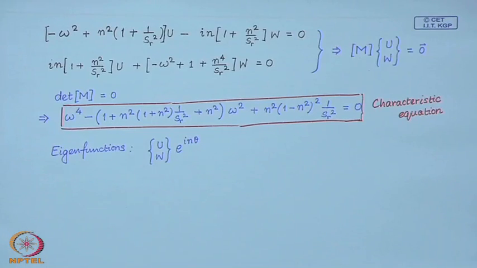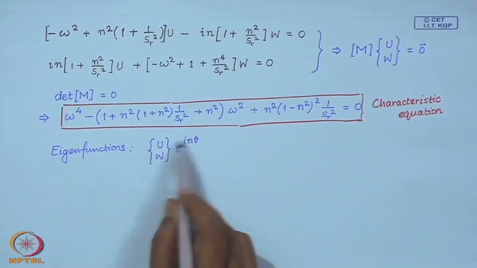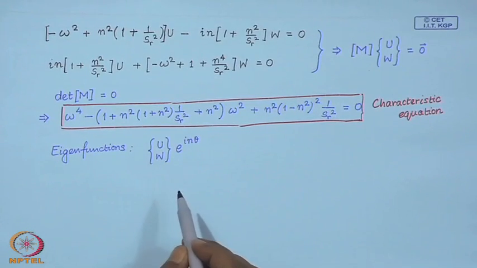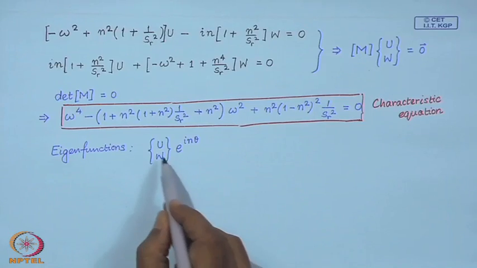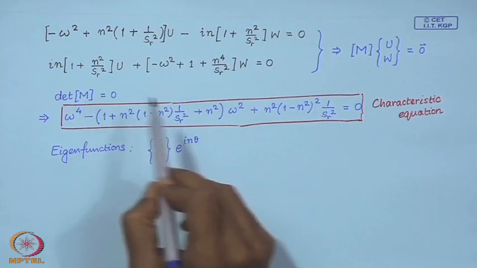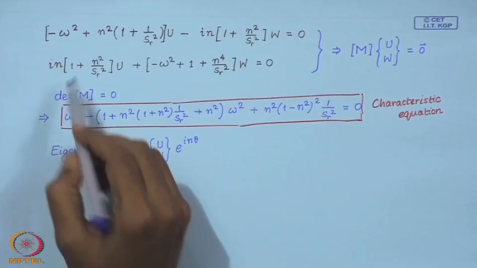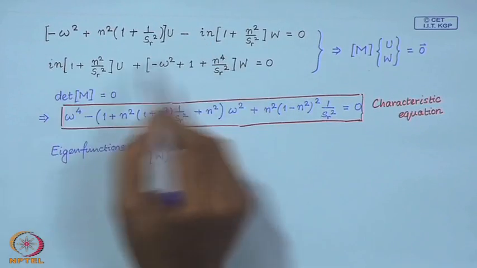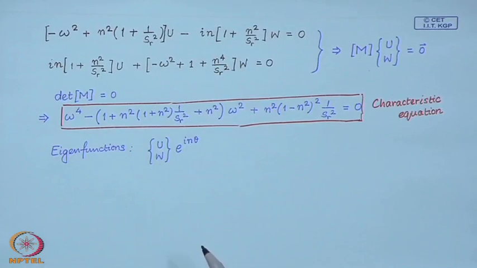So, you see the eigenfunctions will be complex like this. u and w themselves can be complex, because you have this i here in these equations. So, u and w are themselves complex, and hence these eigenfunctions are all complex.